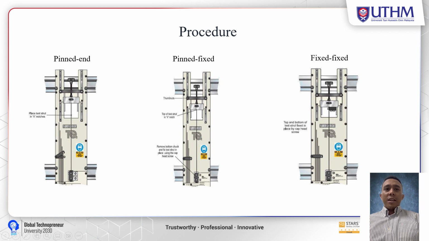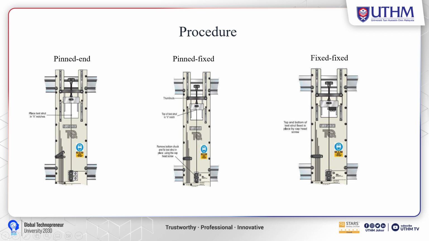For pin end, the strut is placed at the V notch and the screw at the bottom is tightened. For pin fix, the strut is placed at the V notch and tightened using the cap head screw. For the last condition, fix, the strut is placed at the V notch and tightened by the cap head screw at the top and the bottom.